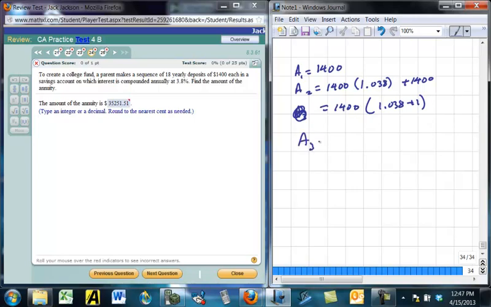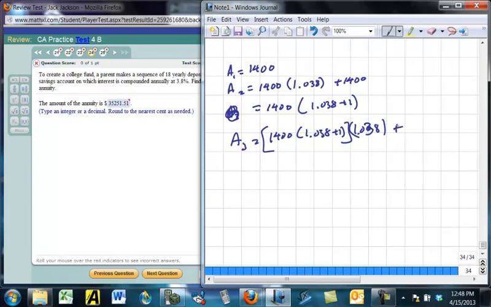Now A3, we take that amount and multiply by 1.038. 1.038 is our base because of compound interest. And then we're going to add another deposit. Okay. Distribute here. So we're going to distribute this and this.